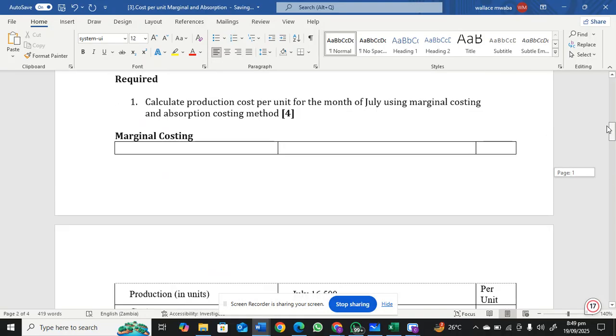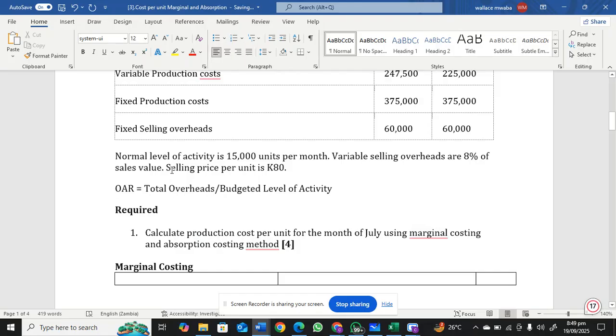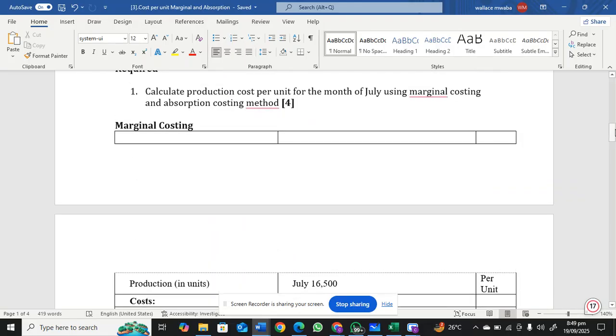Oh, it's here in the question. They always tell you the selling price.